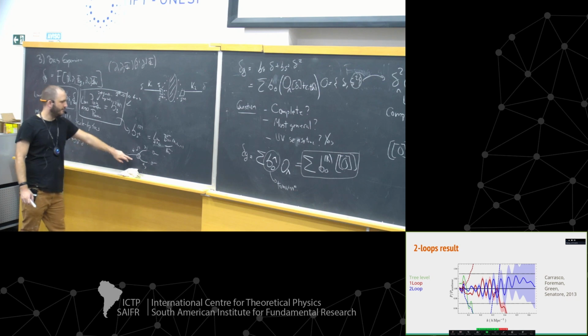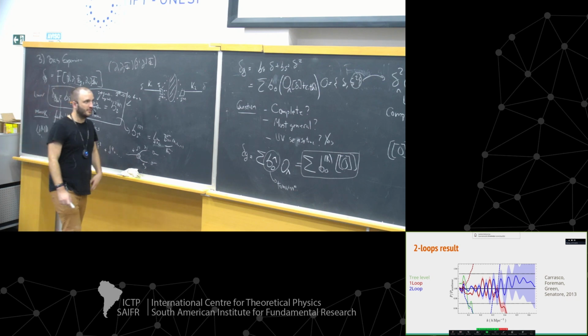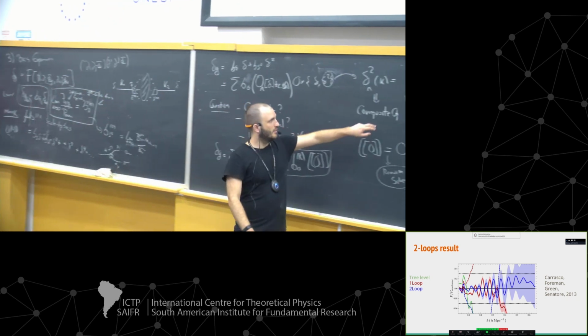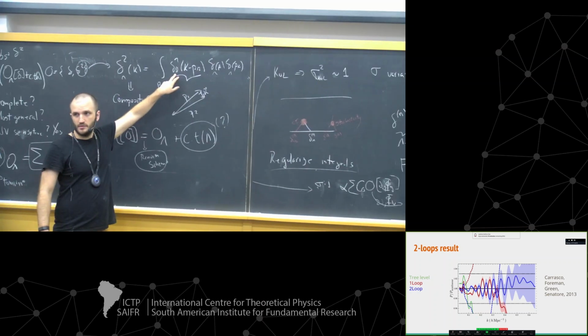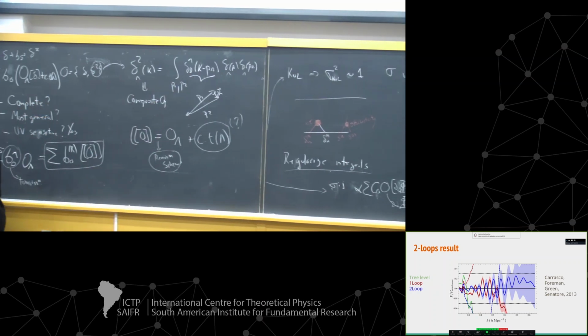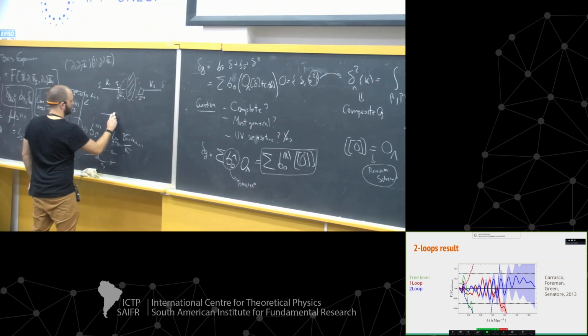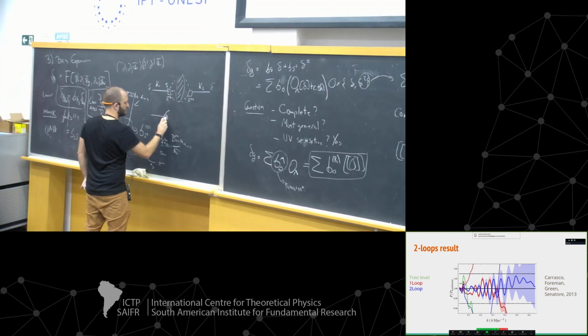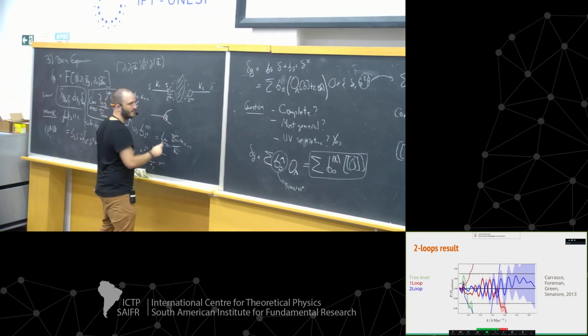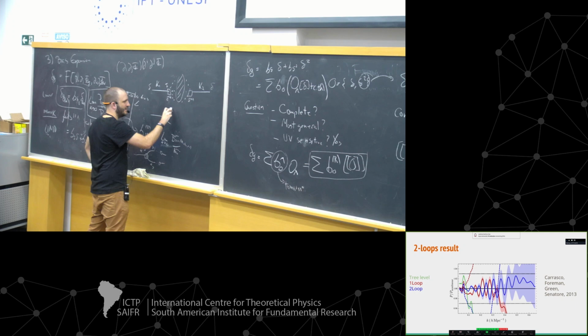Now I have two different things. I have first a convolution that tells me what's the operator I have here. So this is the convolution of delta square. And then each one of those legs, I can expand as some F kernels.